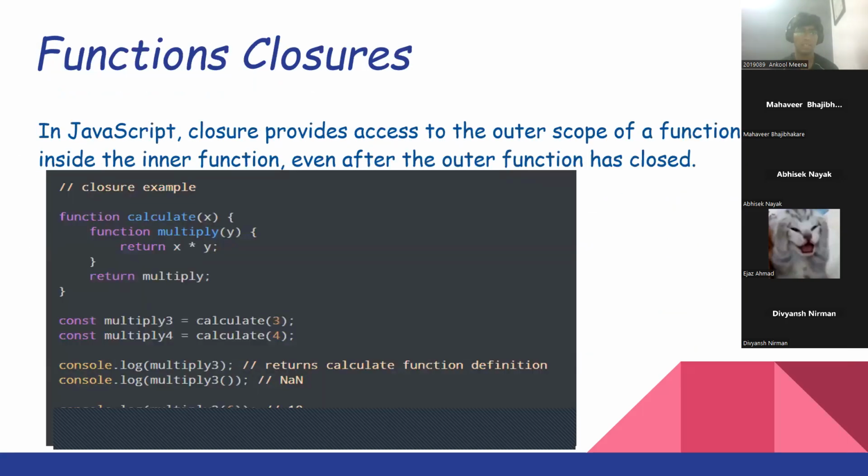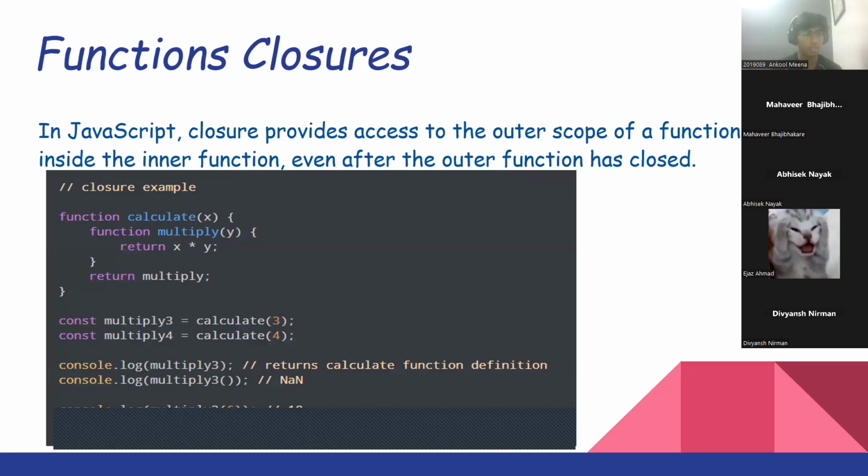For closures in JavaScript, closures provide access to the outer scope of a function from inside the inner function, even after the outside function is closed. For example, I have created a function called calculate. This is an outside function, and I have created a function multiply inside it. Both take variables x and y, and both have return statements.